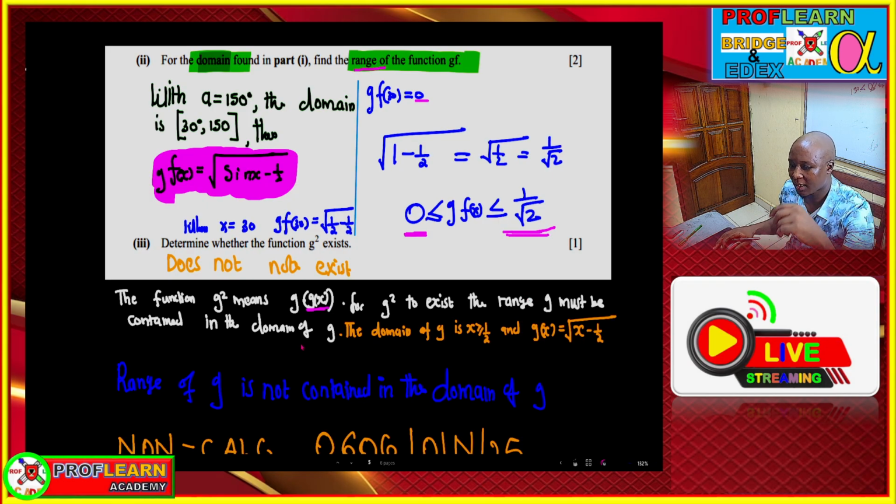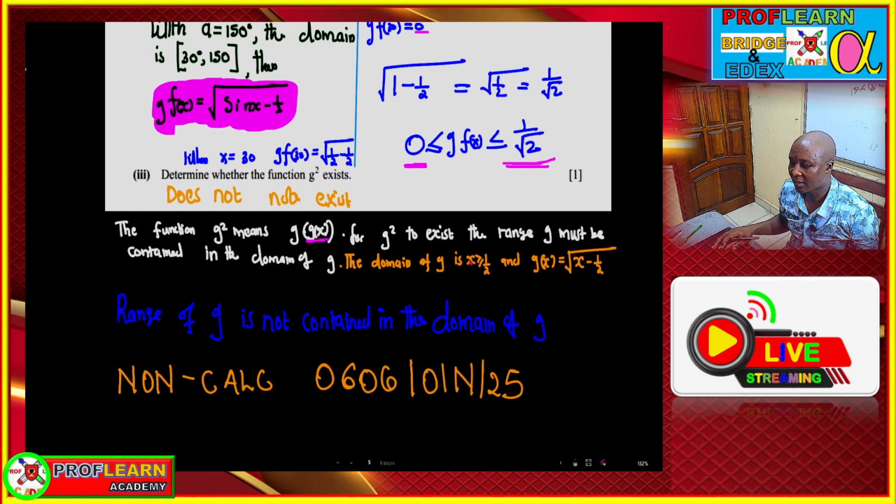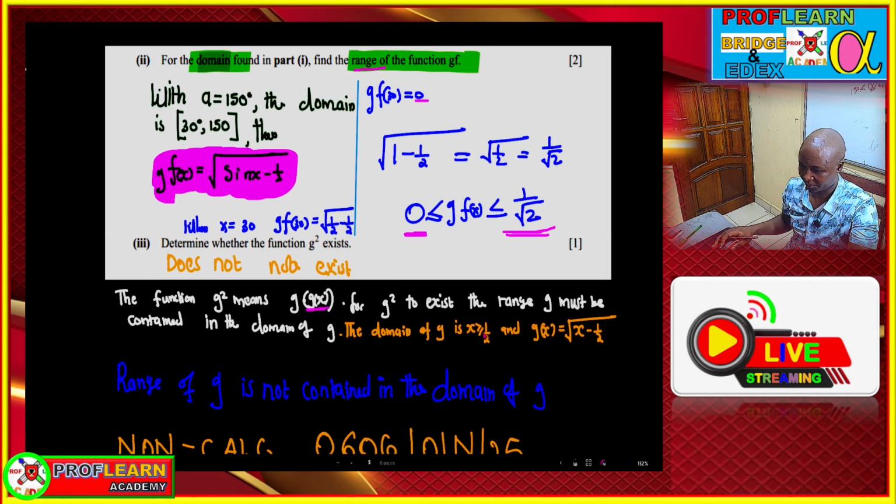Then the domain of g is x greater than or equal to a half, which means that the range of g is not contained in the domain of g.